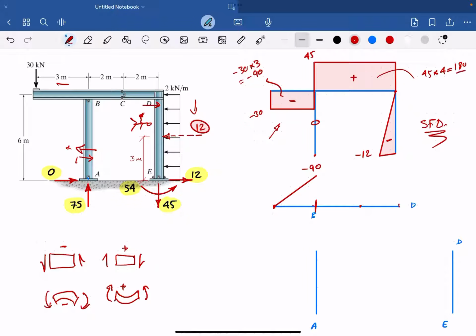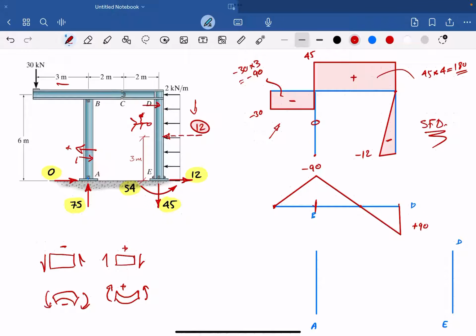So 180 positive minus 90, how much will it give us? It will give us plus 90. So the value here should be plus 90. As there is no load, it will be a straight line going from here to this point to plus 90. So the value here is plus 90, and this is the bending moment.